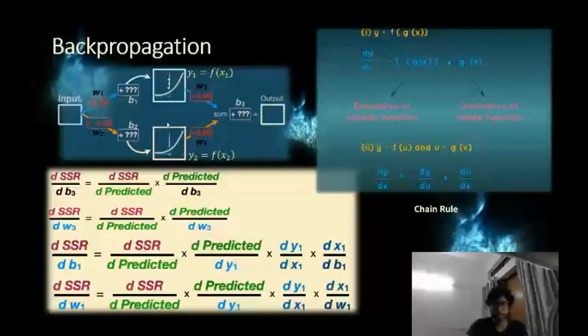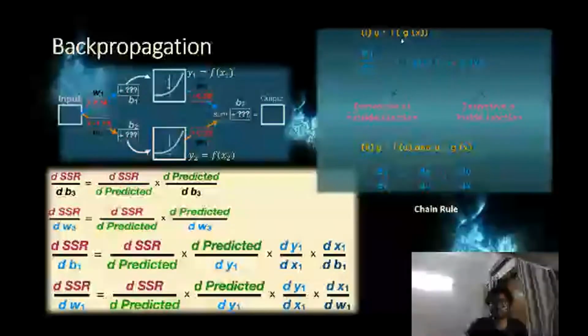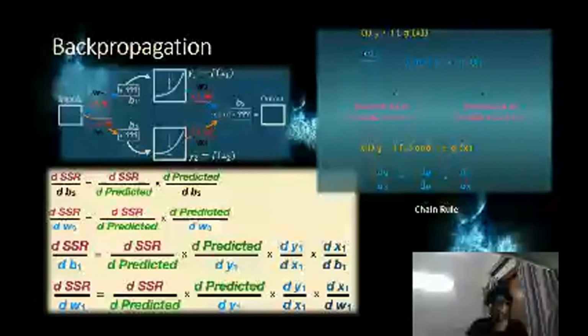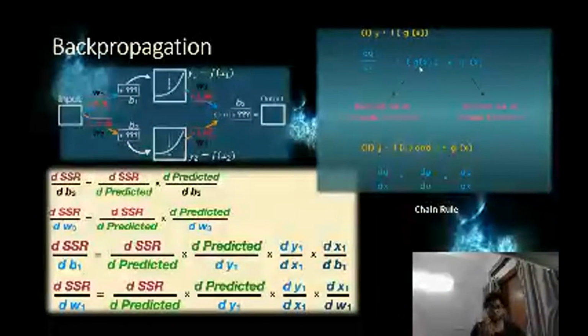So what is chain rule? If you have y, which is a function of another function g, how do you take the derivative of y with respect to x? First you take the derivative of f with respect to g(x), and then you take the derivative of the g function with respect to x.